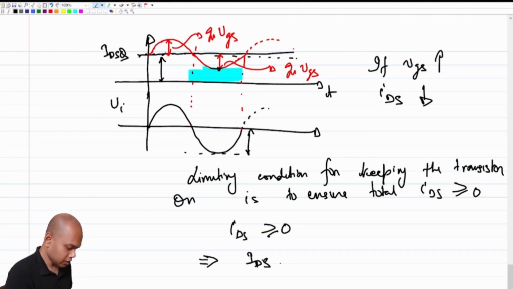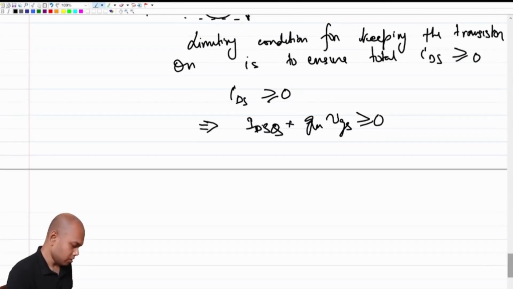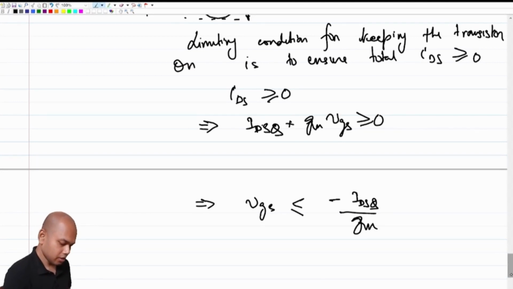This means IDSQ plus GM times VGS should be greater than or equal to 0, which means VGS should be less than or equal to minus IDSQ over GM, right?